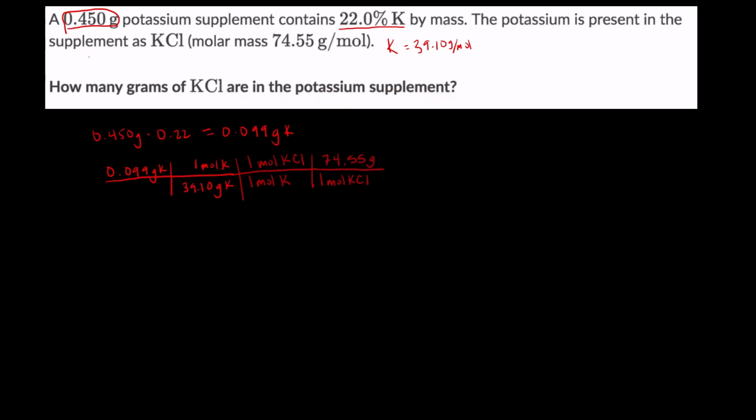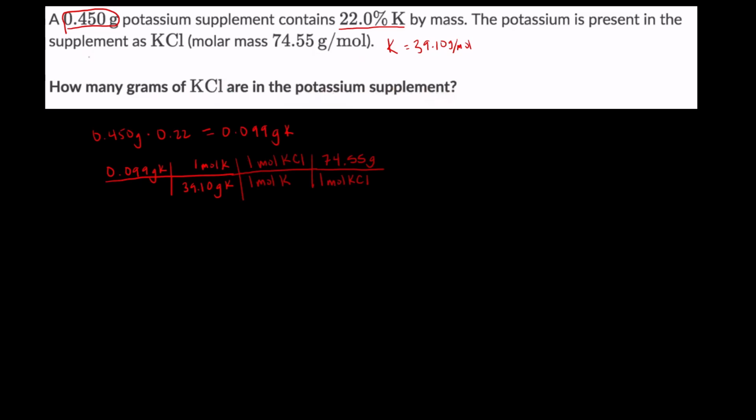74.55 grams. So now earlier I was talking about putting it all together in one step, and this is what I was talking about. Now I don't want you to get confused. It's the same exact thing, I just haven't done the math yet. And so this was converting the grams of potassium to moles of potassium, and that was the step that we've been doing.